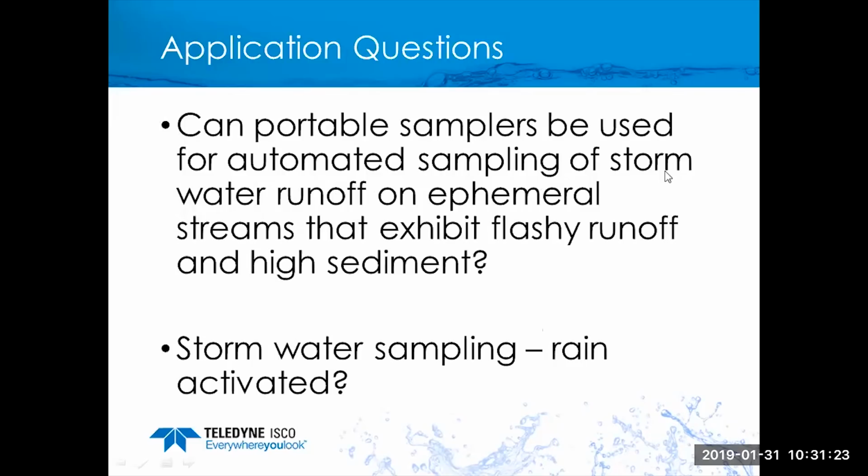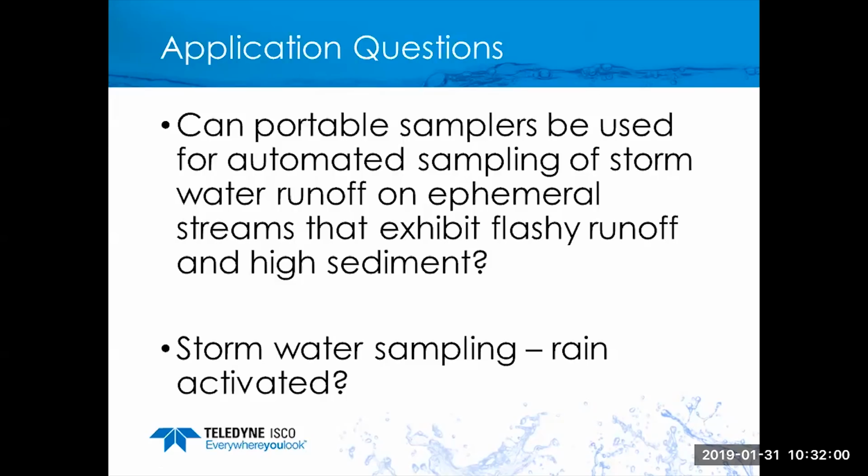Can portable samplers be used for automated sampling of stormwater runoff on ephemeral streams that exhibit flashy runoff and high sediment? At its most basic answer, yes. Many sampler applications are stormwater in nature. And they would incorporate often not just a sampler, but a flow monitoring device, certainly a rain gauge that is able to establish that there is a rain event underway to release and allow the sampler program to run.